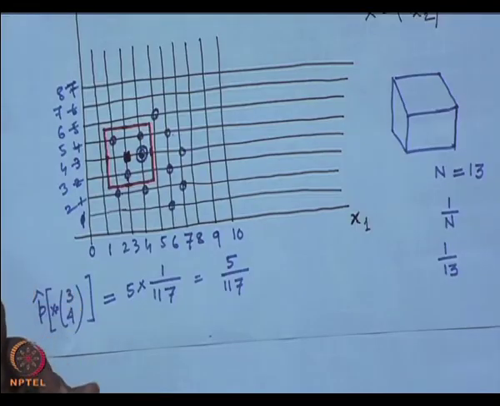So, with this we come to an end of our discussion on probability density estimation, and you find that when we have estimated this probability density function, we have not assumed any parametric form of it. Unlike in the case of, say, the normal distribution, where you have mean and standard deviation as the parameters of the probability density function, I have not used any such parameters.